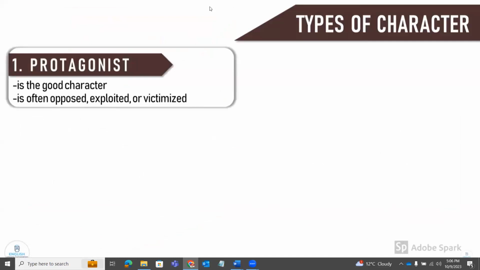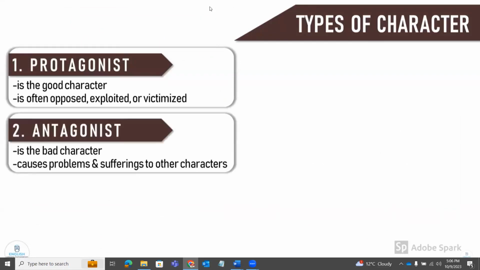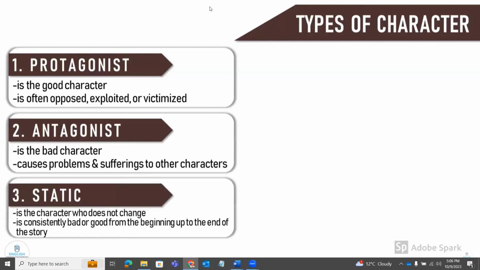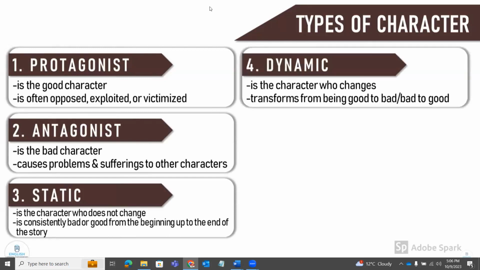Protagonist is the good character. He is often opposed, exploited, or victimized. Antagonist is the bad character. He causes problems and sufferings to other characters. Static is the character who does not change. He is consistently bad or good from the beginning up to the end of the story. Dynamic is the character who changes.